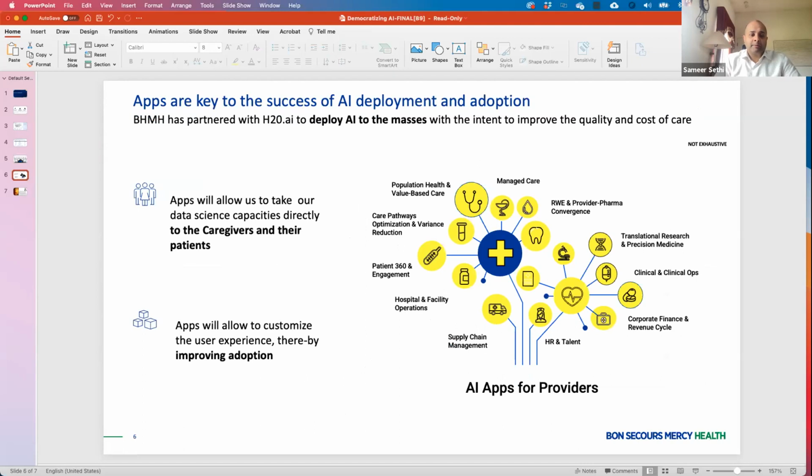So we at BSMH have partnered with H2O to develop our AI muscle, which includes developing the apps, which includes developing the models, and finally handing it to the people that matter the most, which is our patients and our caregivers.